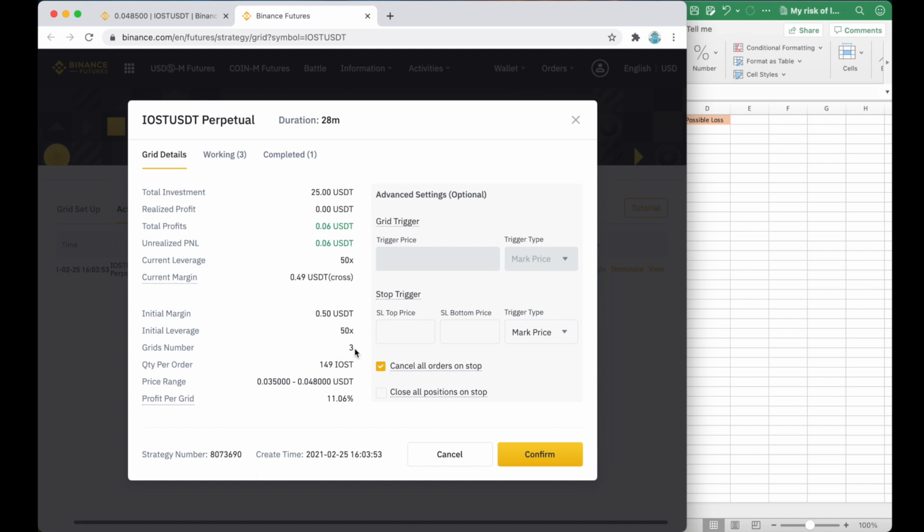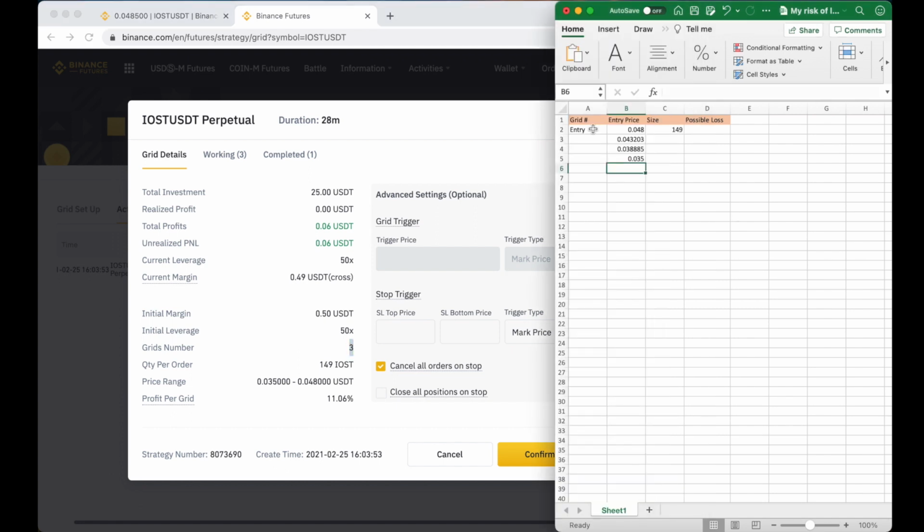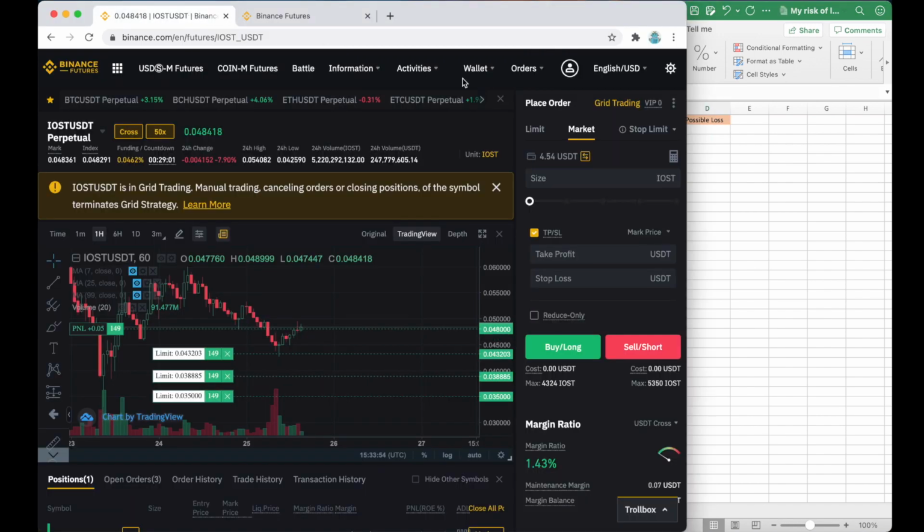Again, remember, even though I've specified 3 grids only, an entry grid should also be counted as a position. So, 4 potential positions. The size per grid, per position, is the same. The next step is calculator.